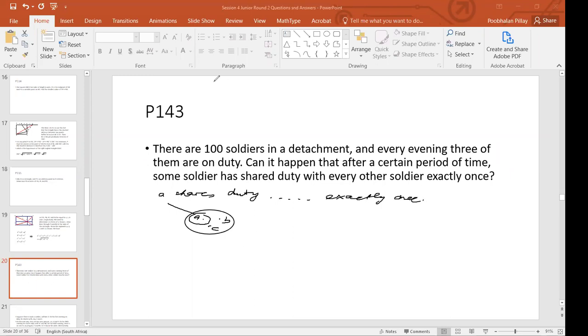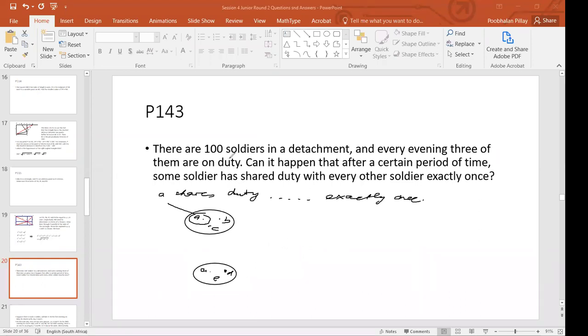So what does this mean? It means that on another day, the same A will share duty with 2 others. On another day, he shares duty with 2 others. You've got A here, and two other guys, B, C, D, E. Like that, it keeps going on. Every day, he shares with 2 new people.